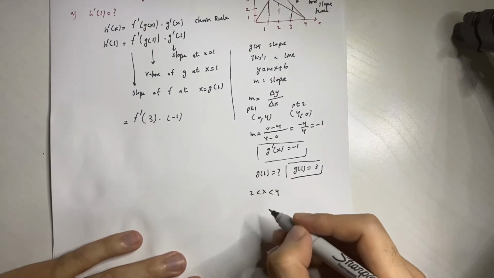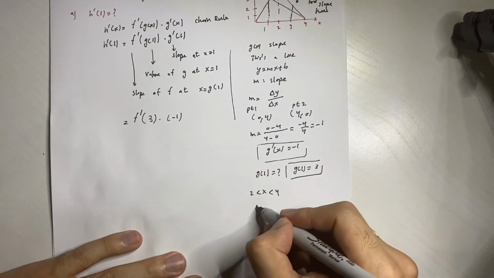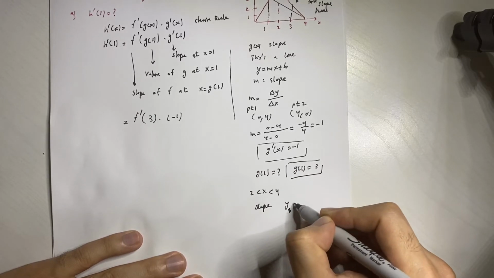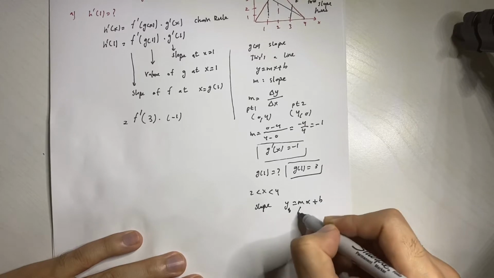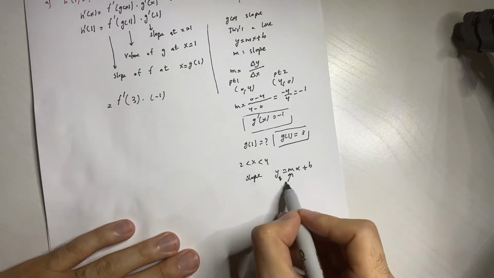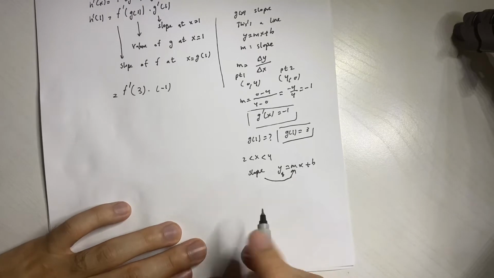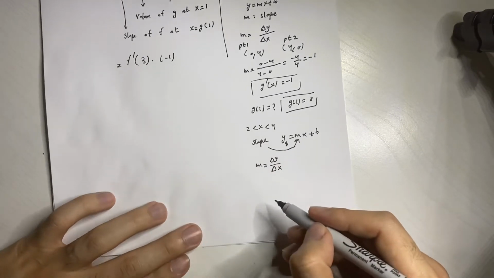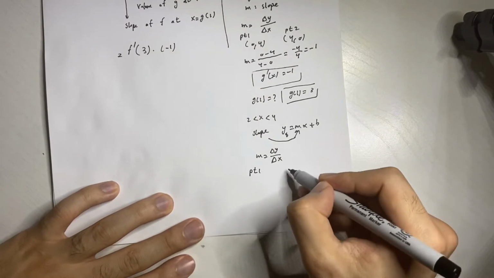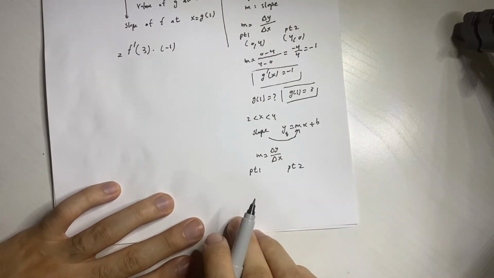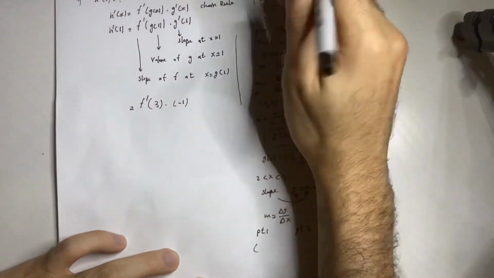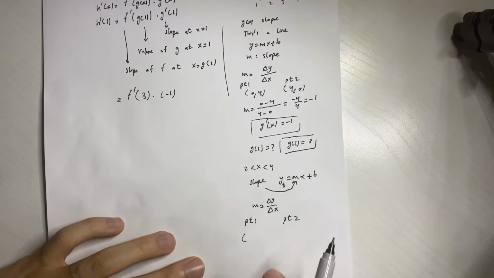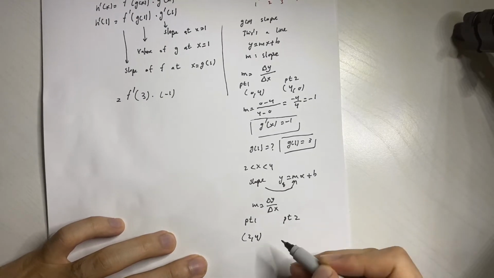So to find the slope, again, this is just a line, but f of x has 2 different lines. So we will pick the line that has our point. And then we want to find the slope. So we want to find m, and m will be the change of y over the change of x. So we have to pick 2 points on this line. I picked the end points. So that will be (2, 4) and (4, 0).